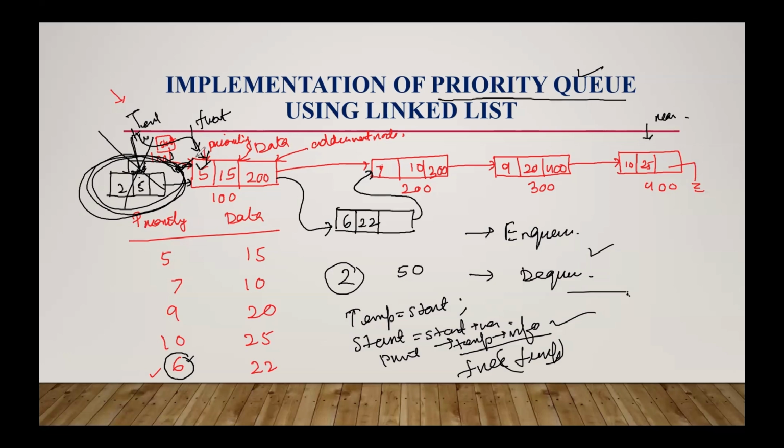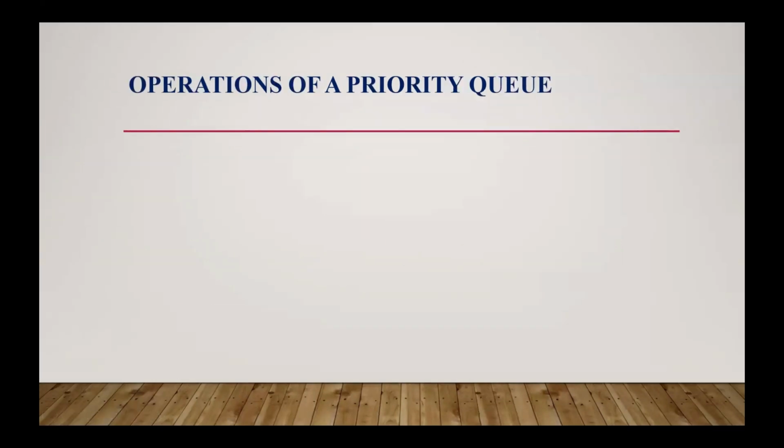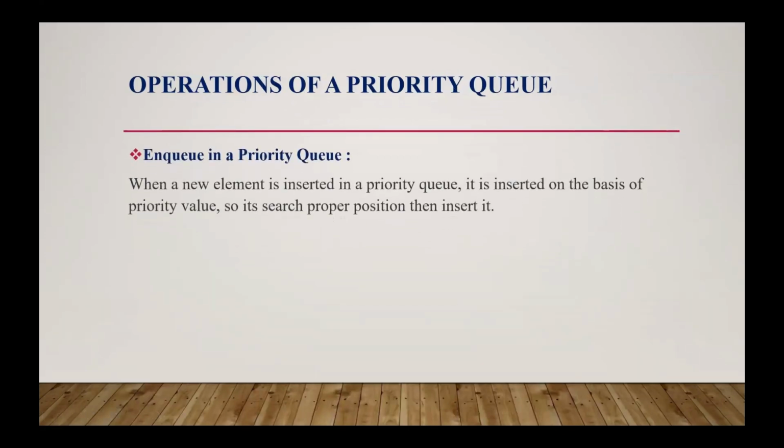After that, the priority queue is present. So the same thing we have to perform whenever we go for the implementation of a priority queue using the linked list. What are the operations we can perform in the priority queue? First is the NQ operation. NQ is when a new element is inserted into the priority queue, it is inserted on the basis of priority value.